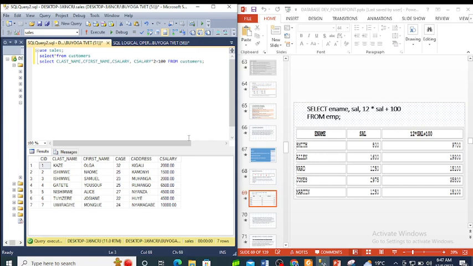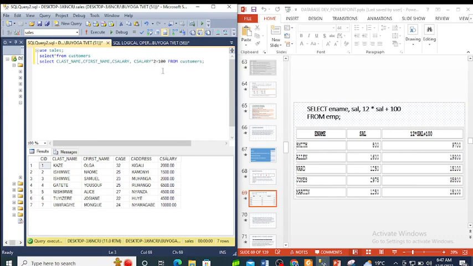So let's execute. For example, let's see the expected result. We take the C salary of this Kaze, which is 2000, multiply by 2, and we add 100.